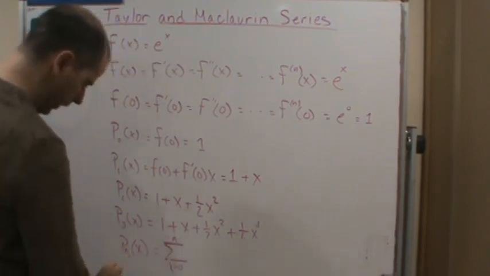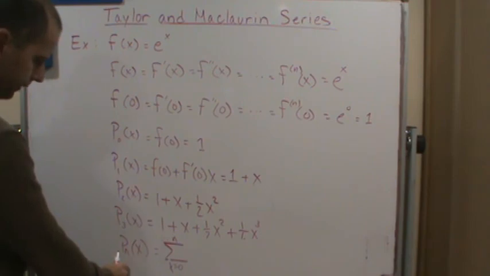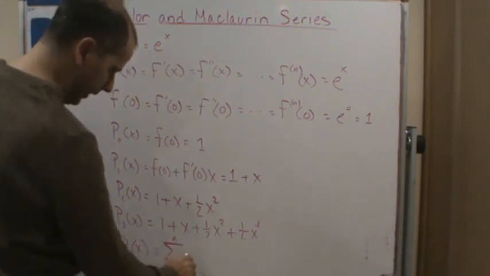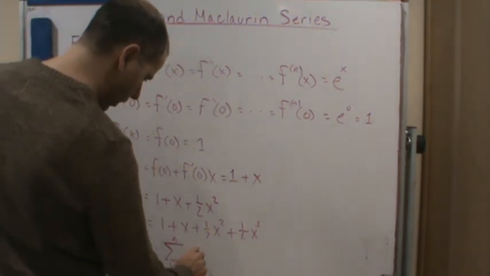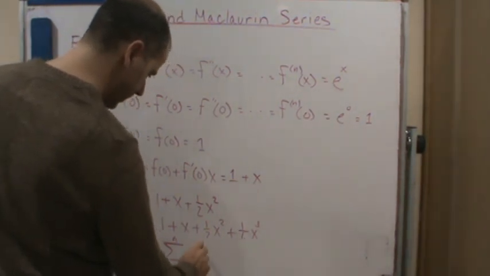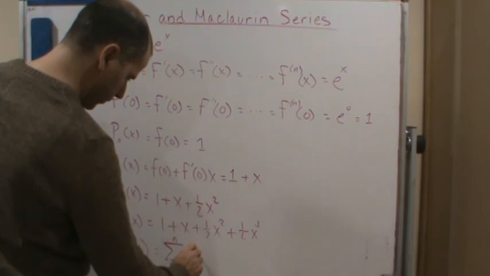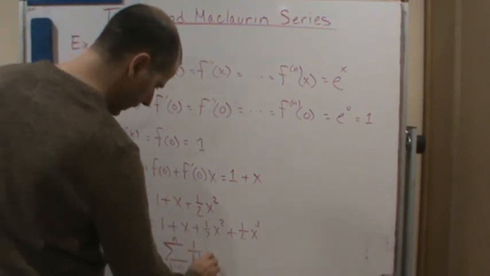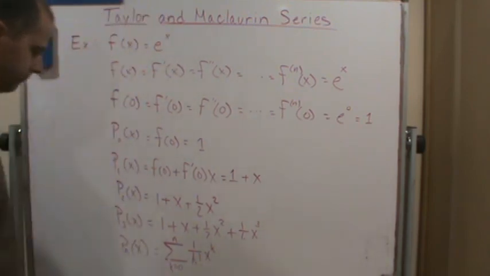So P sub n of x is going to be the summation from k equals 0 to n of, in this case, we would use k, so it'd be 1 over k factorial x to the k.